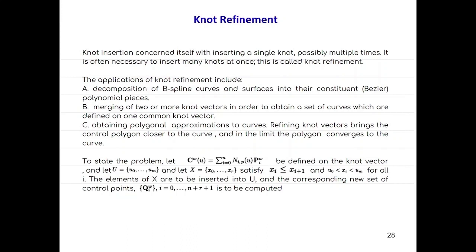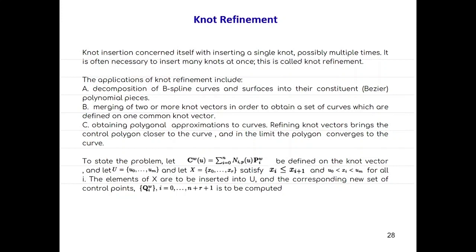The applications of knot refinement include decomposition of B-spline curves and surfaces into their constituent polynomial pieces, merging two or more knot vectors in order to obtain a set of curves, and obtaining a polygonal approximation to curves, and defining knot vectors brings the control polygon closer to the curve. This will make the limit of the polygon converge to the curve.